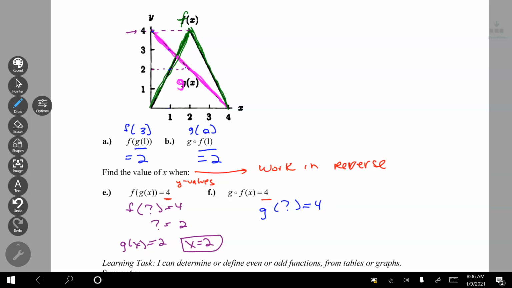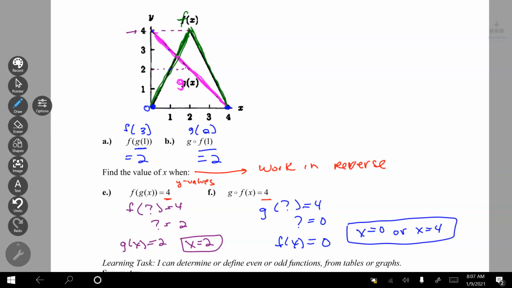Right at the top, and the g value, that is x equals 0, so I have my input value of 0, but that input was f, so f of x is equal to 0, so I go to 0, which is at the bottom, and I see the f graph hits y equals 0 twice at x equals 0 or x equals 4. You could have two x's, you can't get two y's.